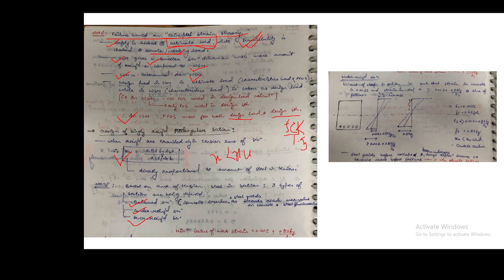If X is greater than XU, then it's over-reinforced. If X is equal to XU, it's a balanced section. Here we have also seen that this strain should not be less than 0.002 plus 0.87 fy by Es, and this is again the same thing.